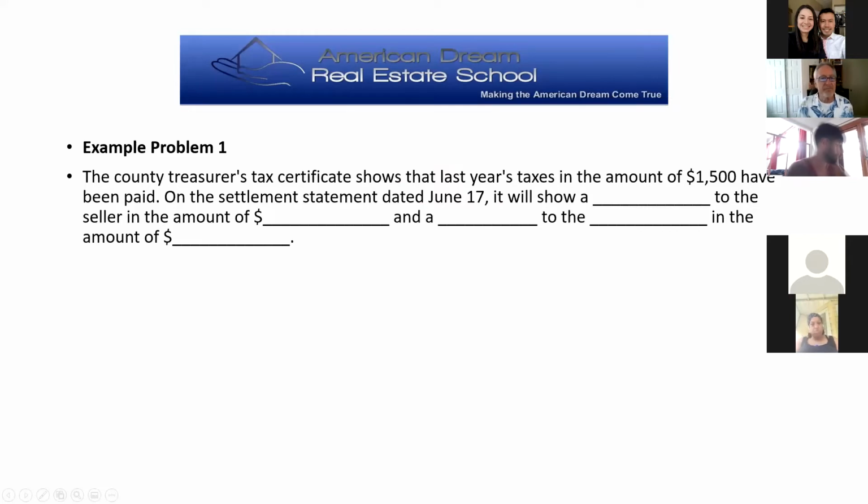First problem. County treasurer's tax certificate shows that last year's taxes, the amount of $1,500, have been paid. On the settlement statement dated June 17th, it will show something to the seller in the amount of something, and something else to someone in some other amount.